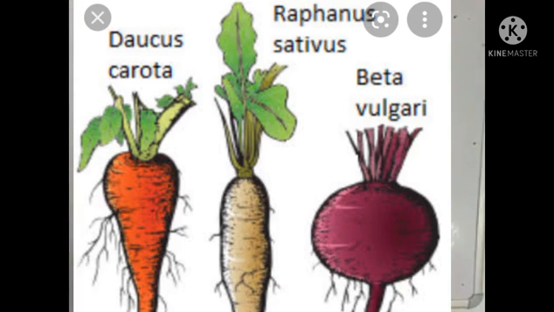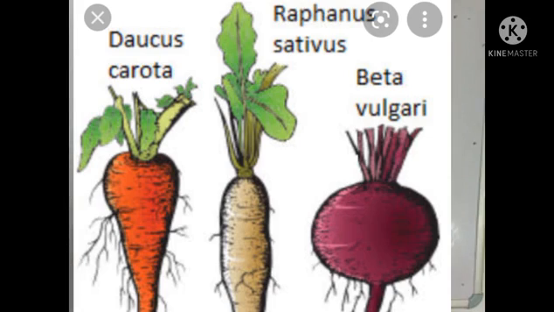Top-like. And then fusiform, that is spindle-like. Swollen in the center and then tapering towards the ends. That is fusiform.